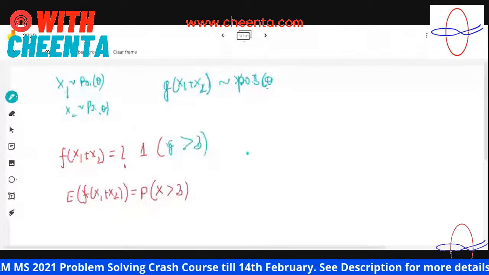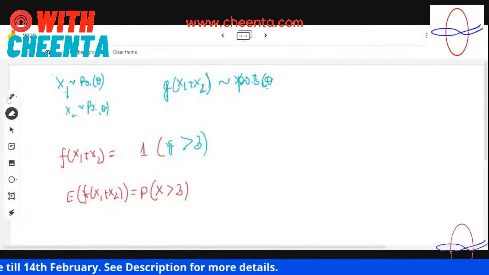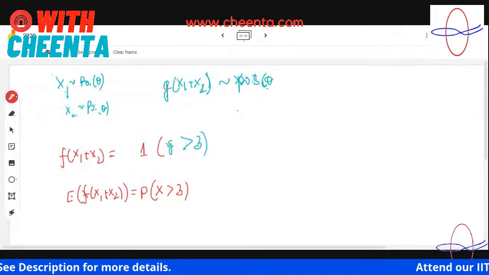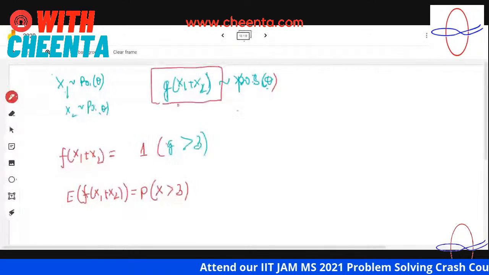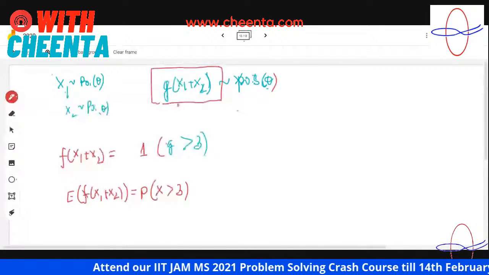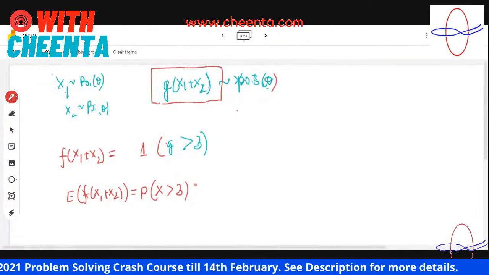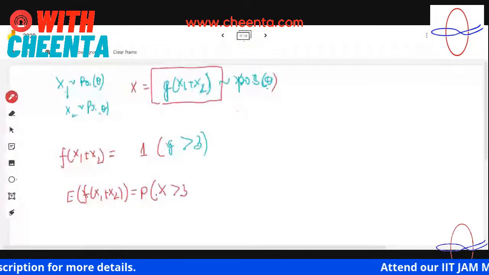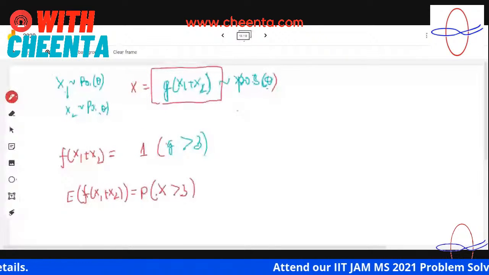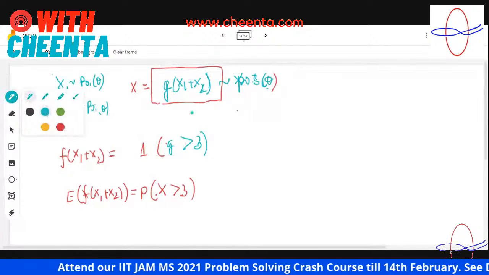G of x1 plus x2 indicated that, then it will happen, right? So that's the idea. So how do you find that g of x1 plus x2? What is that g? That's the question actually. So we need to find g of x1 plus x2, which follows Poisson theta.